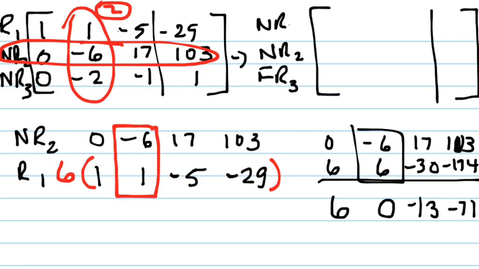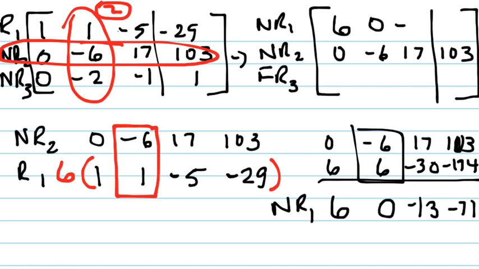Okay, now this is my new row 1, right? Since we're using row 2, it doesn't change. But now I have a new row 1. And I really hope I did the arithmetic right. We'll find out soon enough, let me tell you.